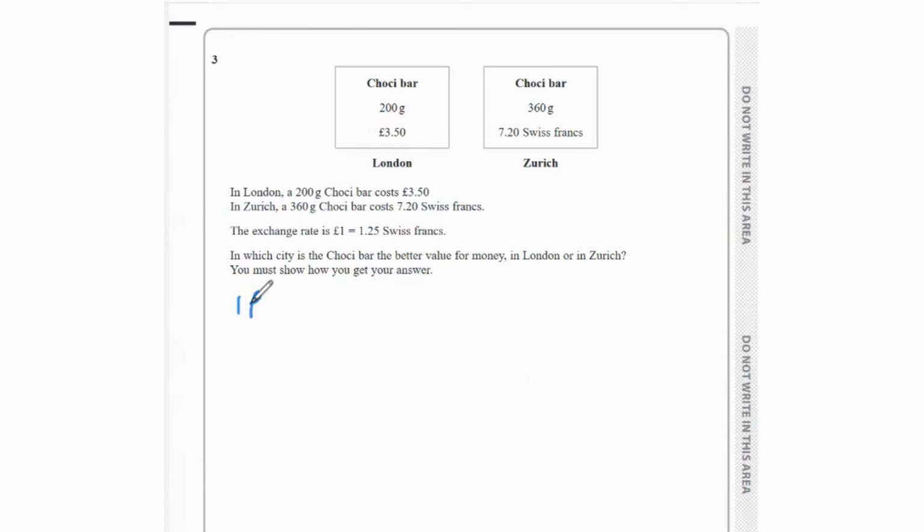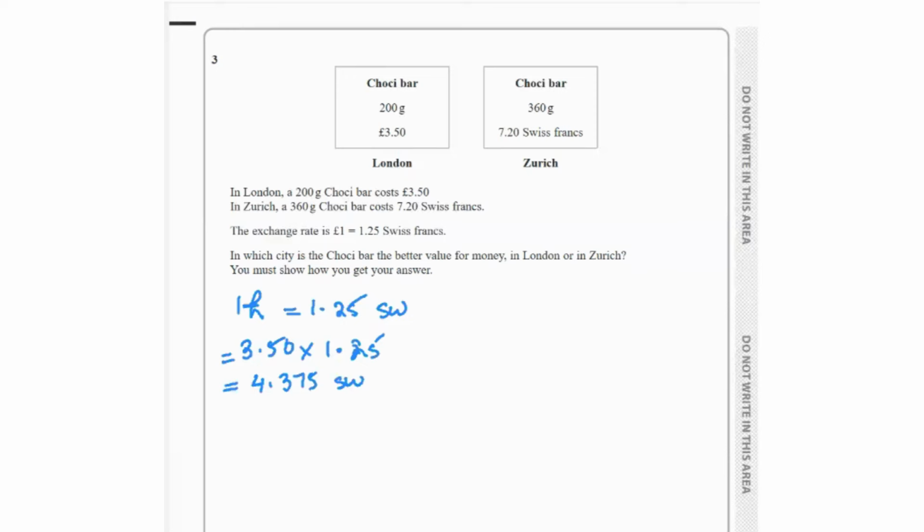So 1 pound equals 1.25 Swiss francs. So 3.50 pounds would be 3.50 times 1.25, which is equal to 4.375 Swiss francs. Now, 200 grams cost 4.375.